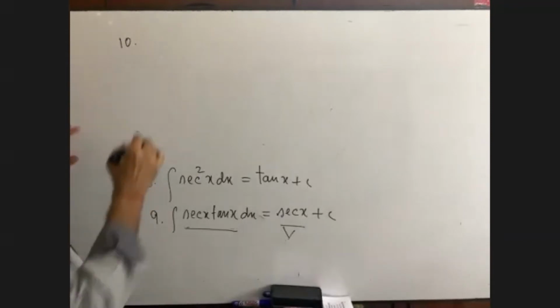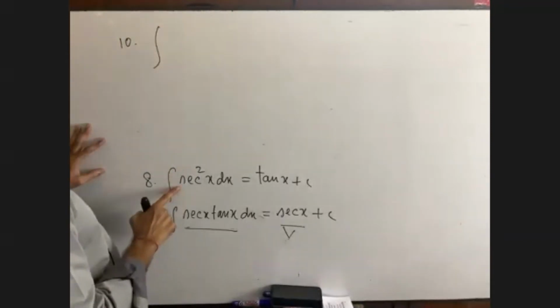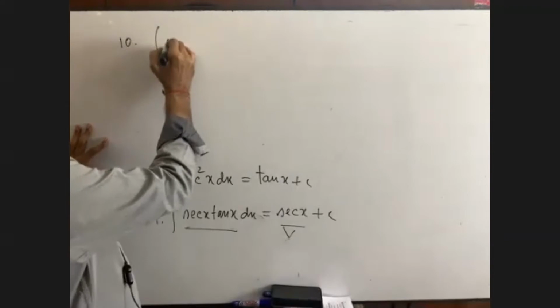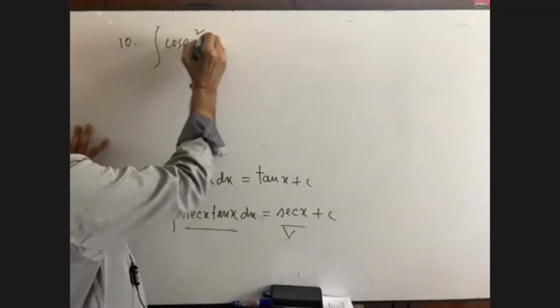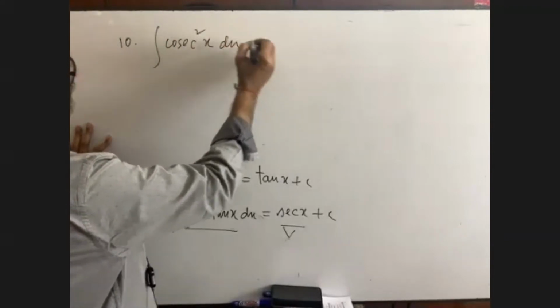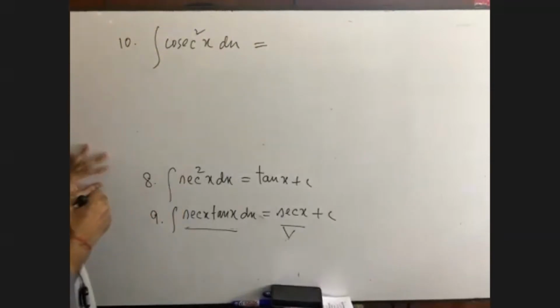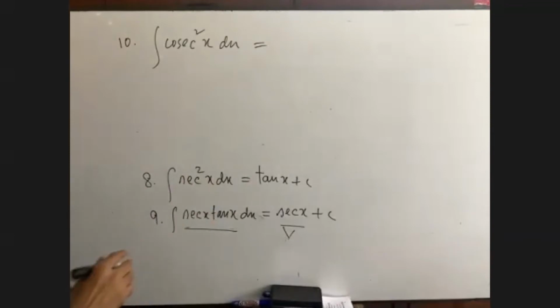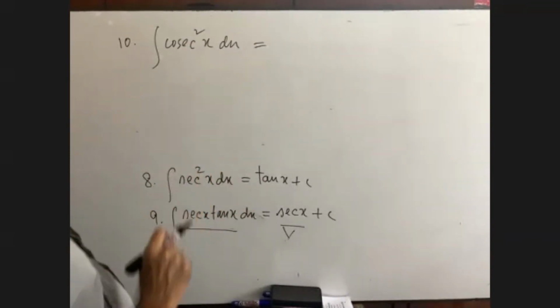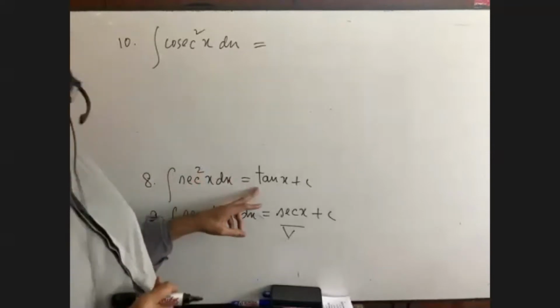Number 10. Integration of cosec square x dx equals to what? Let me know. So it is tan x, it should be cot x. Minus cot x plus c. Just wait, it will be there.